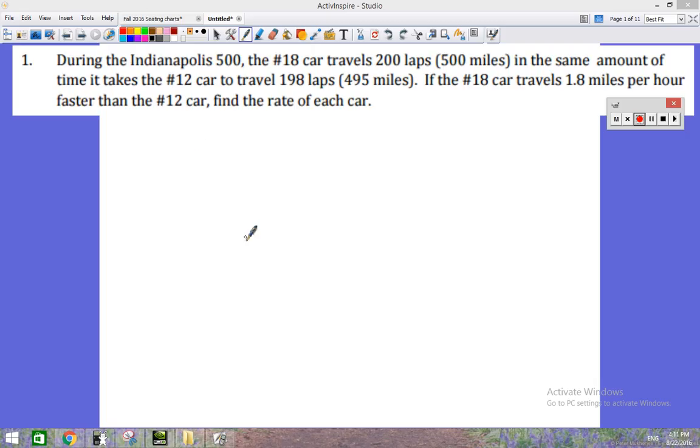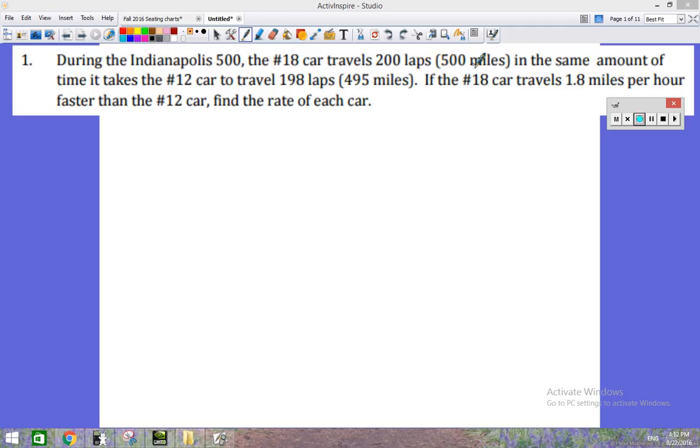Alright, so let's take a look at number 1. During the Indianapolis 500, let's see, car number 18 traveled 200 laps, which is 500 miles, in the same amount of time that it takes the number 12 car to travel 495 miles. So the car number 18 was the winner.